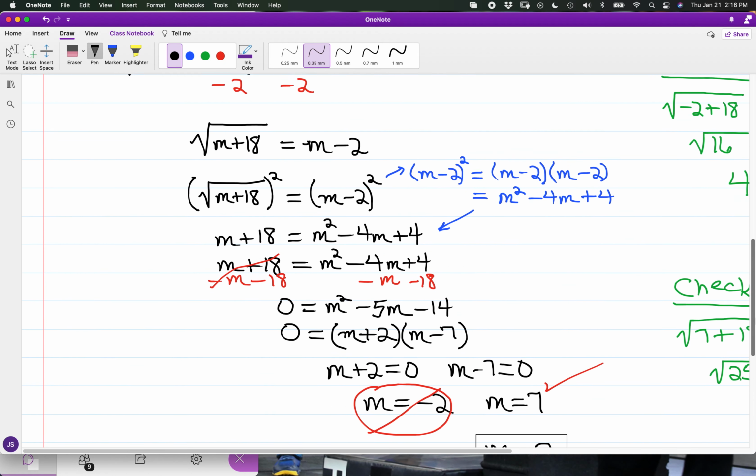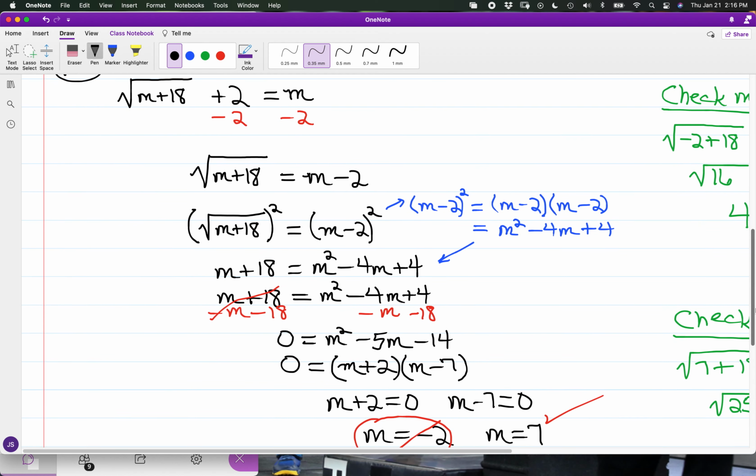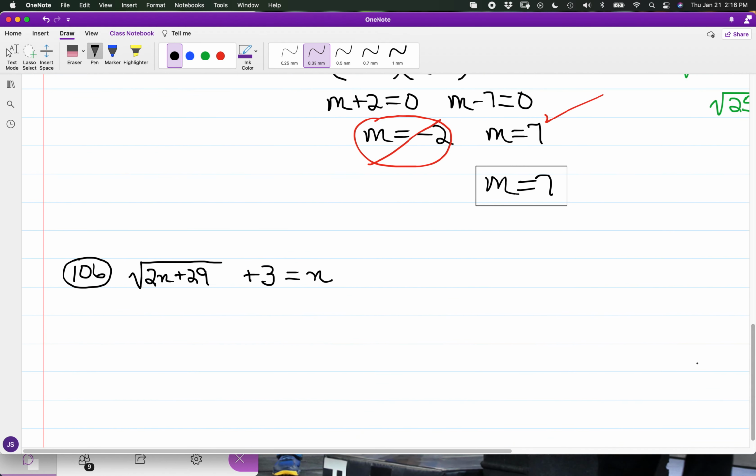We have a single radical term at the front, followed by a constant, is equal to a variable, the same letter we're trying to solve for. So the nature of the problem in 106 is very similar to what we have in 105. And just like before, we're going to isolate the radical, which we have in the form of the square root of 2n plus 29, by subtracting 3 on both sides.